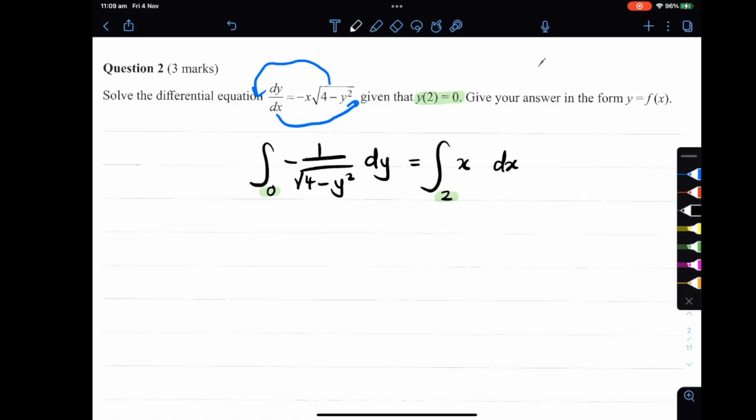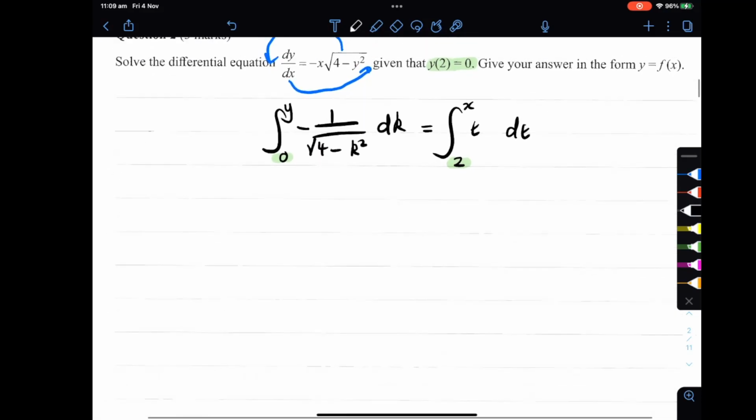We just replace the top terminals with x and y. If you're using definite integrals, you have to replace this here with a dummy variable. Same with here. A dummy variable means we can change it to whatever we want, but just not y or x. So I'm just using k here, and for this one I'll use t.